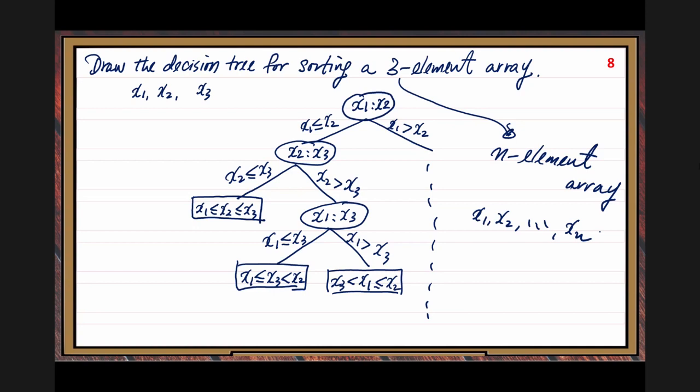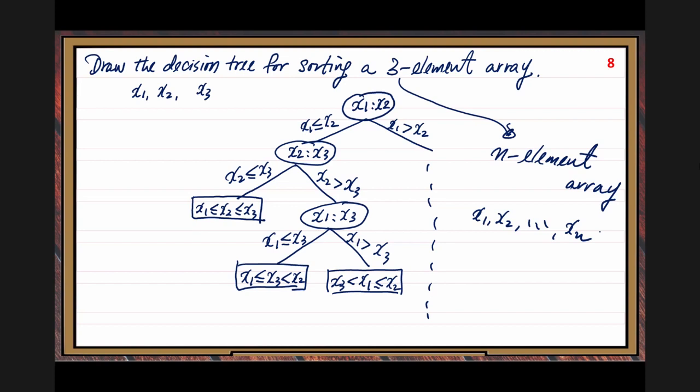Think about it. No matter what comparison-based sorting on this n-element array, you will get a first comparison, second comparison, and so on, right? So based on your first comparison, second, all the comparison details, can you find a corresponding decision tree for it?